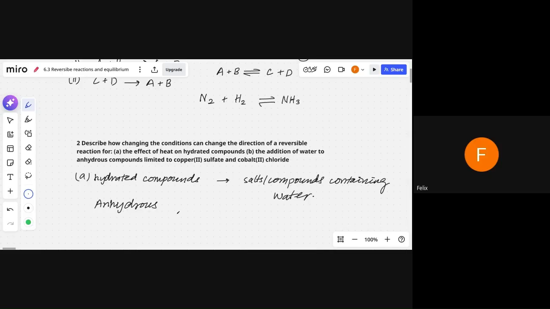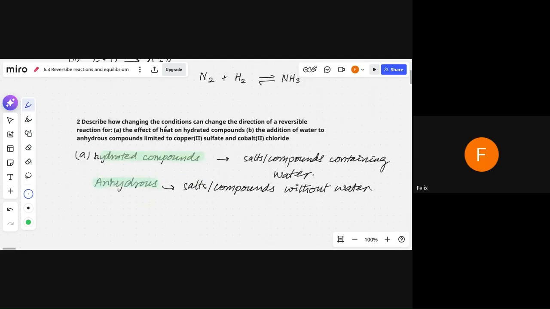Anhydrous means without water, so salts or compounds without water, right? These are the two terms that you need to differentiate, and you need to know the difference between the terms hydrated and anhydrous.